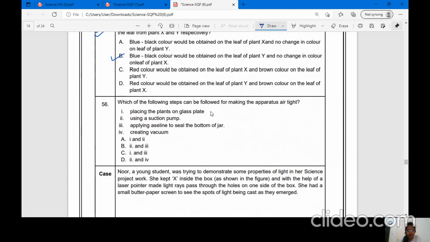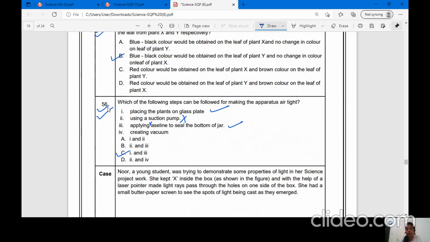Placing the plants on a glass plate, that's right. Using a suction pump, no. Applying Vaseline to seal the bottom of the jar, yes. So first and third, where is first and third? Option C. So our case study is done and all 4 questions were very, very easy.